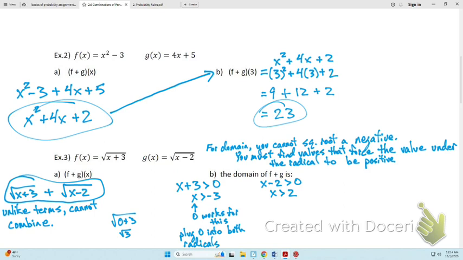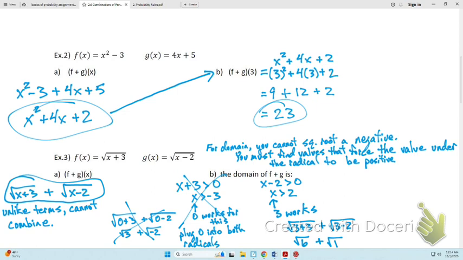So we checked out right there. But if I plug in a 0 on that second radical, do I get a positive? No, I get a negative. This is bad. 3 works for this one. Plug in 3 to both. That is all positive. That is the answer.